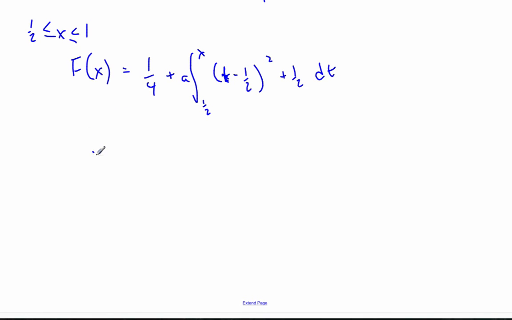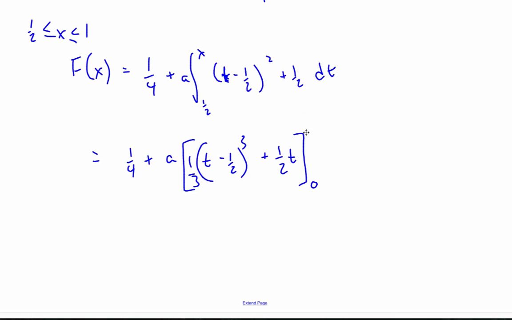And so now when I integrate this, I get 1/4 plus a, and then I have, well, this is going to be (t minus 1/2) cubed over 3 plus 1/2 t, and that is going to go from, oh, no, not 0, rather 1/2 to x.